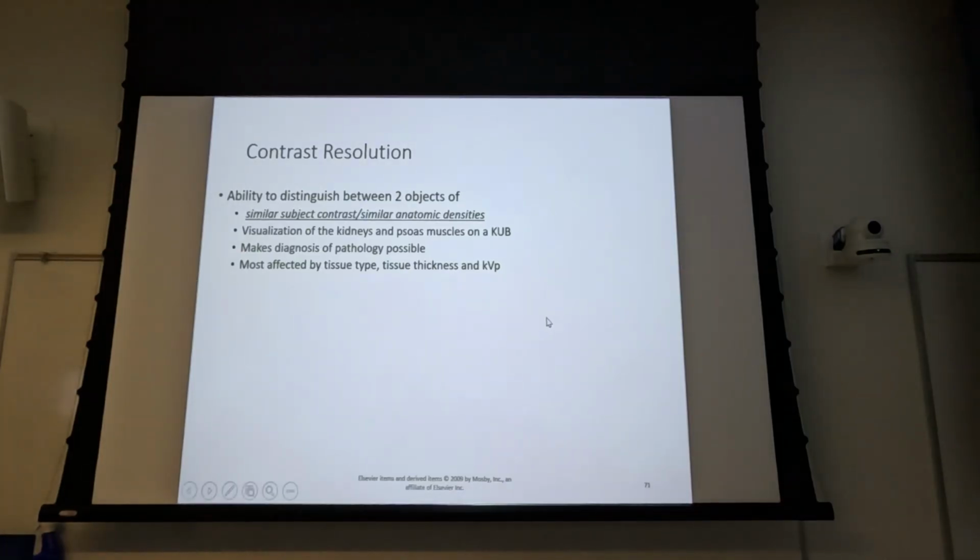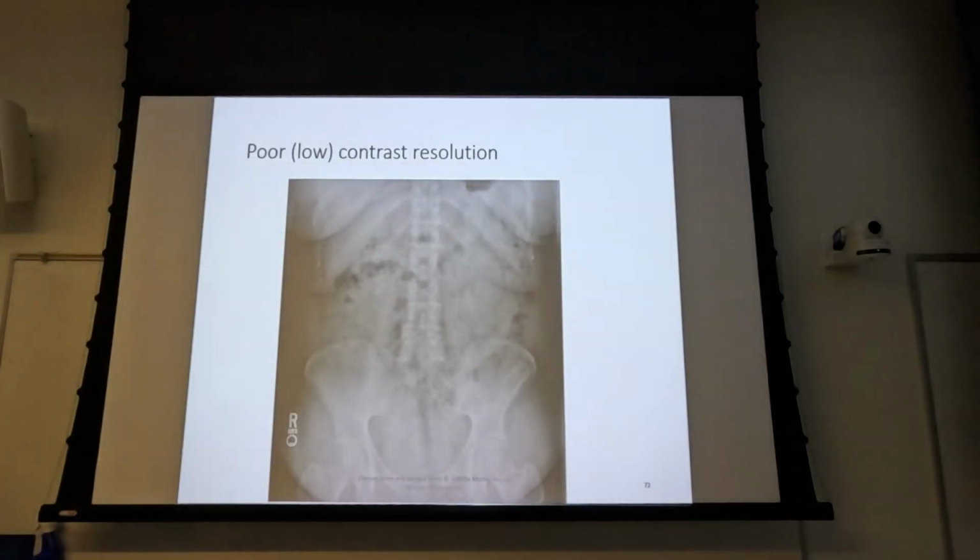KVP decreases the differential absorption, and you get more penetration of all tissue types, but it just doesn't manifest itself on the image in the same way now as what it did before we went to digital processing. Higher KVP just doesn't show up as low contrast as what it used to.